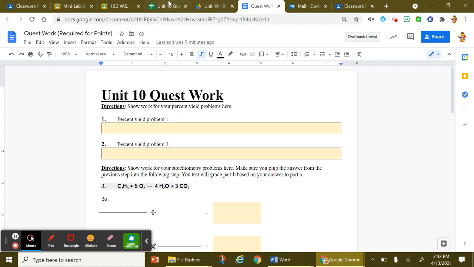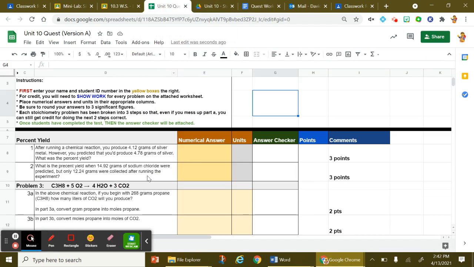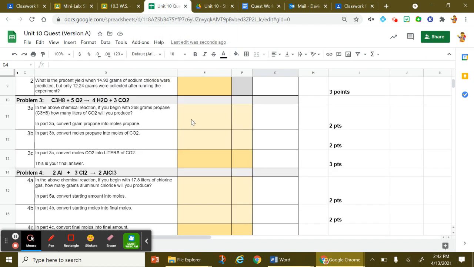Now, I have set this test up in a special way to help you out. Let's say that in the first step, you make a mistake and you get 34.5 moles, all right, as your answer. But let's say this is wrong.